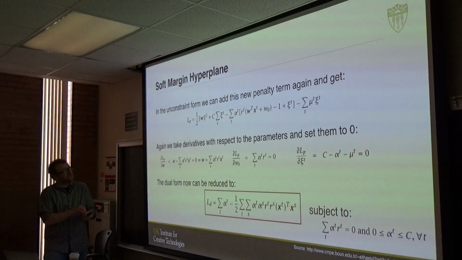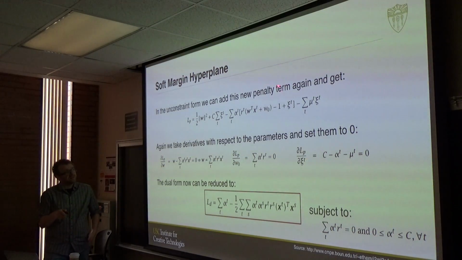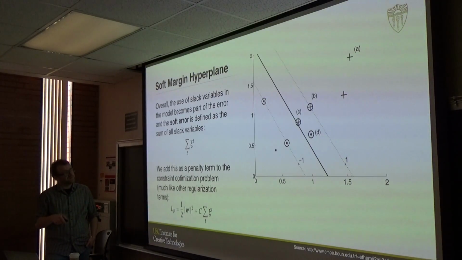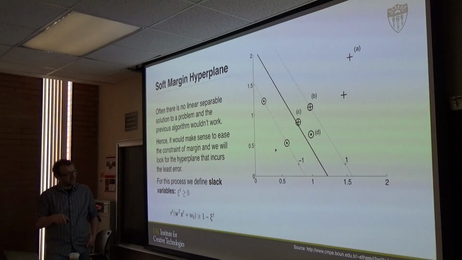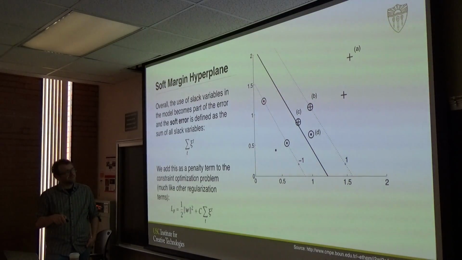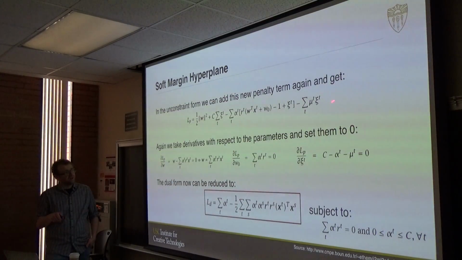And so in the unconstrained form, we can now add this new penalty term, basically just adding this guy here, and then we add some size here because we had it over there, and then we also have to multiply it out with our r's.